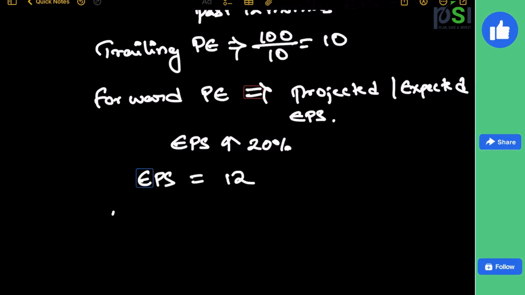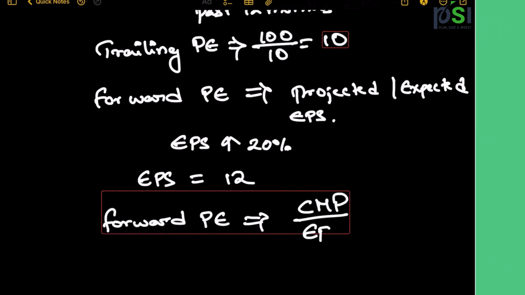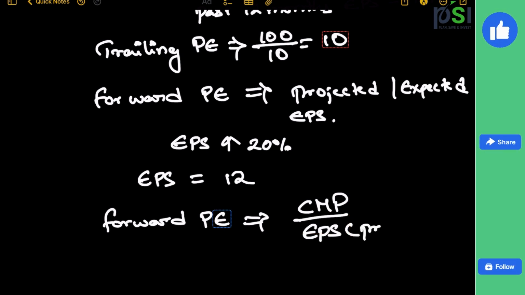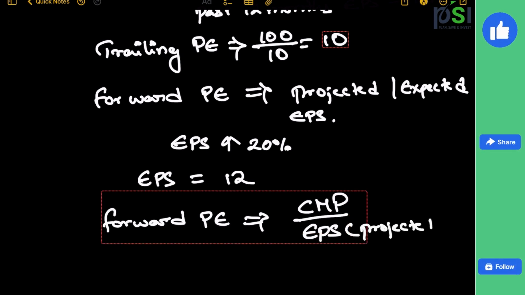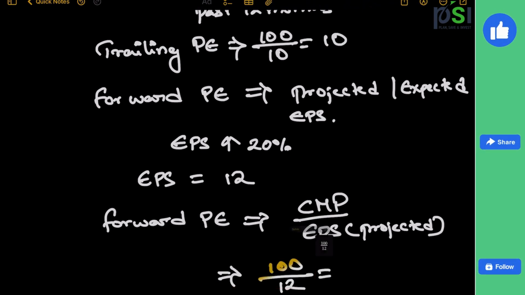Now forward PE is equal to current market price divided by projected EPS. So this implies 100 divided by 12, which is equal to 8.33.